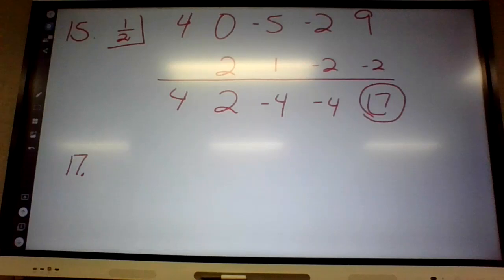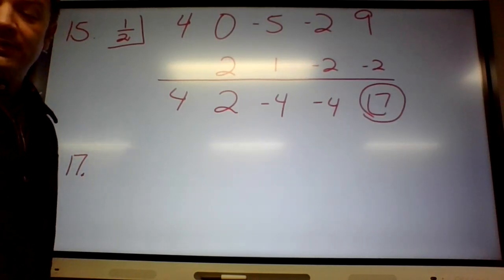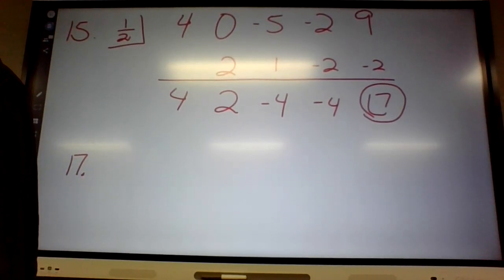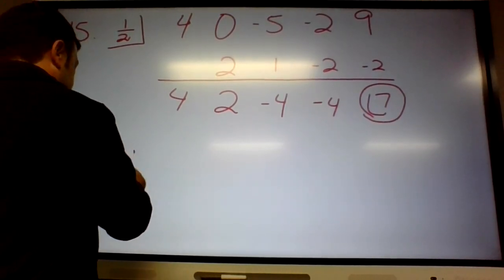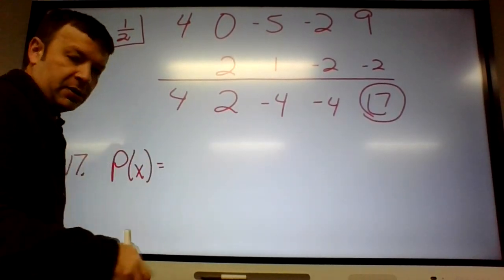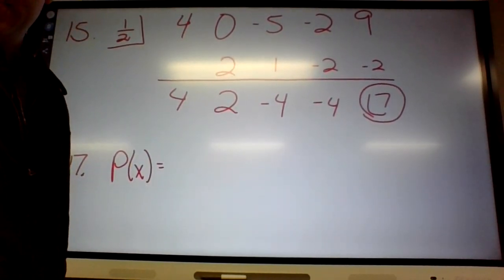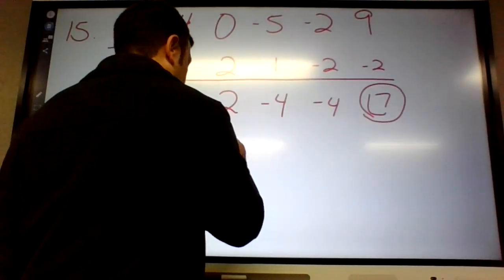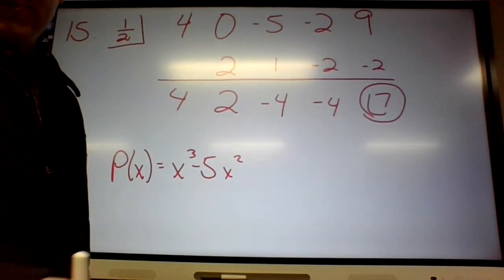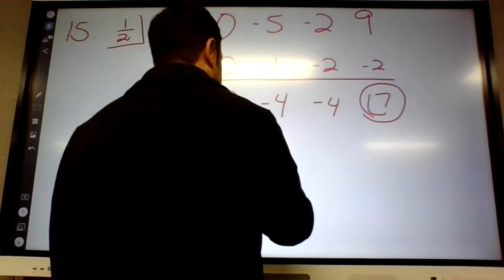Okay, 17 is kind of like number 9, except we actually have to solve it. X cubed minus 5x squared plus 2x plus 8. Carolyn might not have been in here for this part. X cubed minus 5x squared plus 2x plus 8.